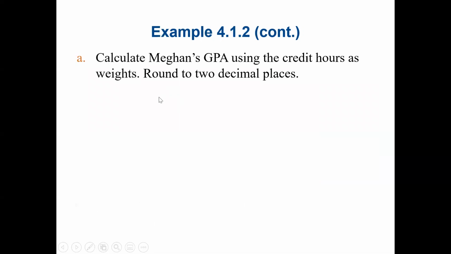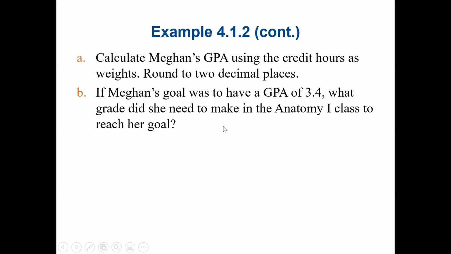Our question is: first, calculate Megan's GPA using the credit hours as a weight, rounded to 2 decimal places. Then, if Megan's goal was to have a GPA of 3.4, what grade does she need to make in her anatomy class to reach her goal?